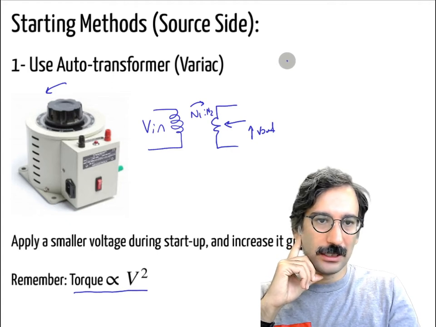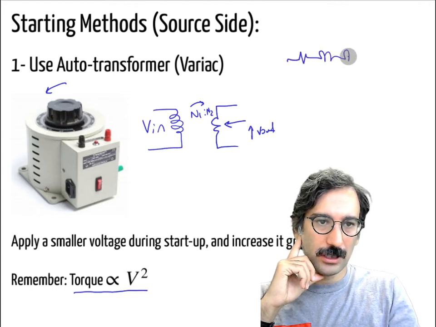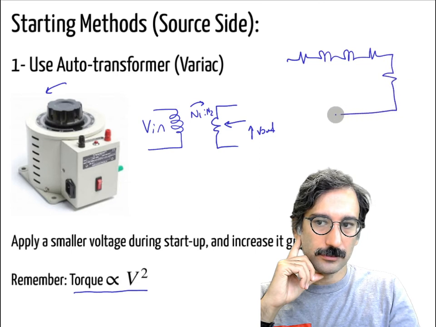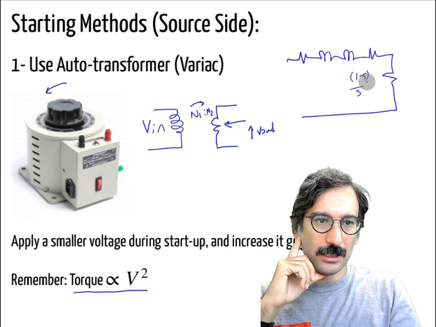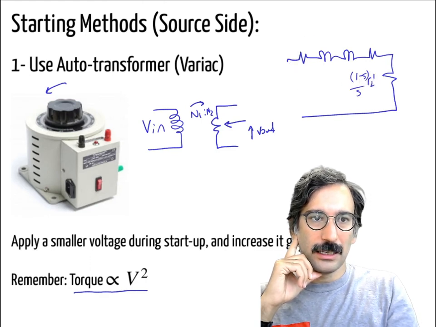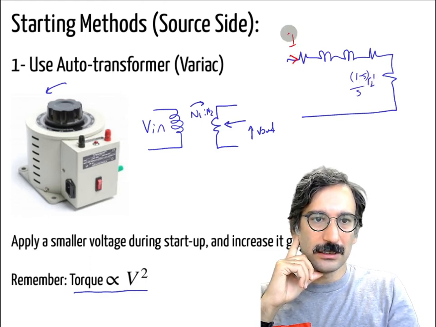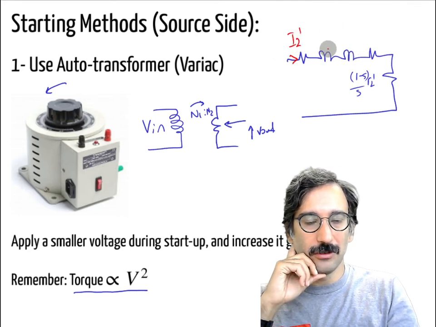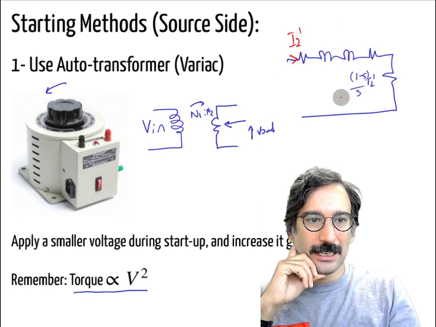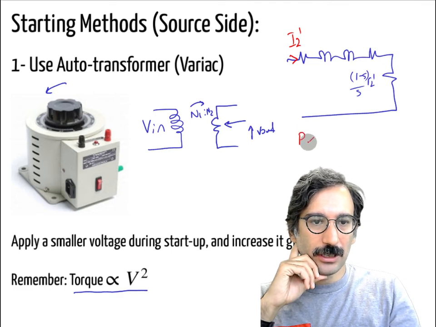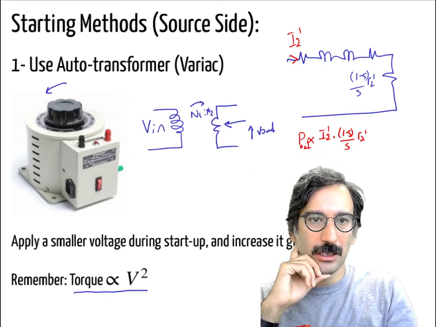Let me draw it quickly. We have that component (1 minus S) over S times R2 prime, and that current is I2 prime. I didn't draw the parallel branch. The output or mechanical power is proportional to I2 prime squared times (1 minus S) over S times R2 prime.